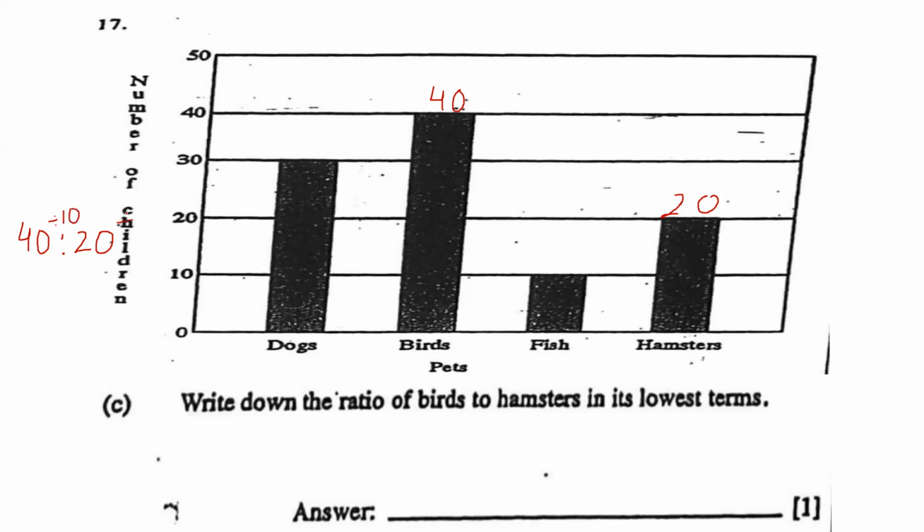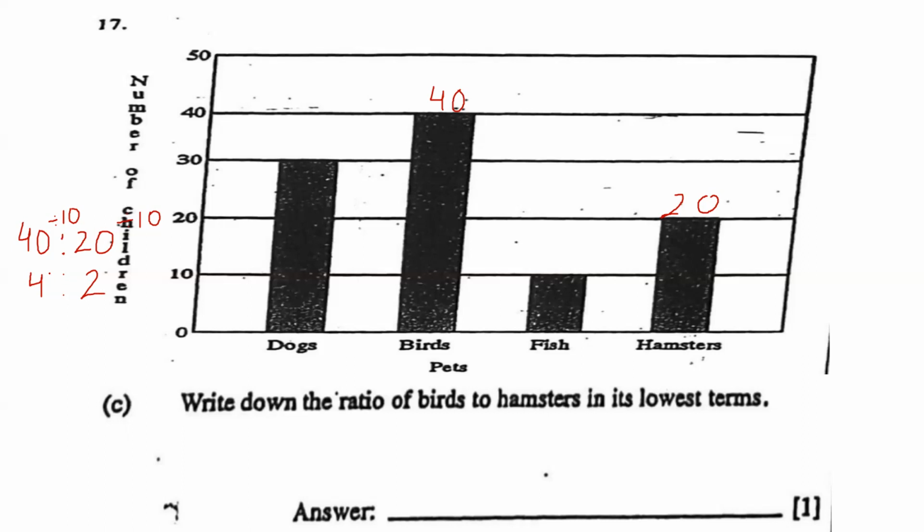What is 40 divided by 10 and what is 20 divided by 10? 40 divided by 10 is definitely 4, and 20 divided by 10 is definitely 2. So the first one is 4 and the second one is 2. But this could go lower.